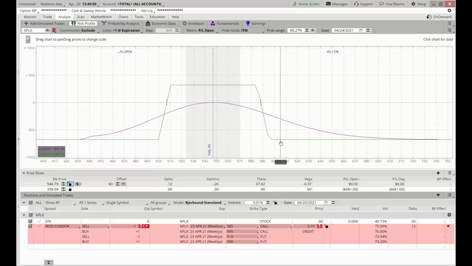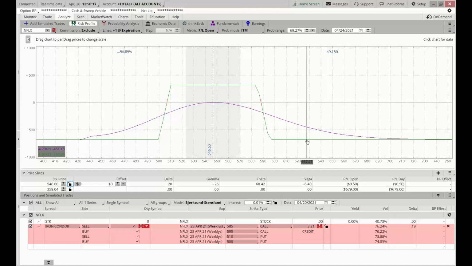Not a recommendation, because there is risk in it. In fact, the risk to reward is: make $300 is the maximum profit. Therefore, the maximum loss is lose $700 in round numbers, right? In round numbers, 320 by 680 would be more accurate.